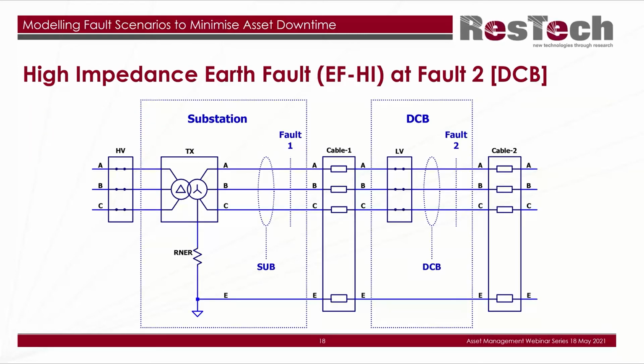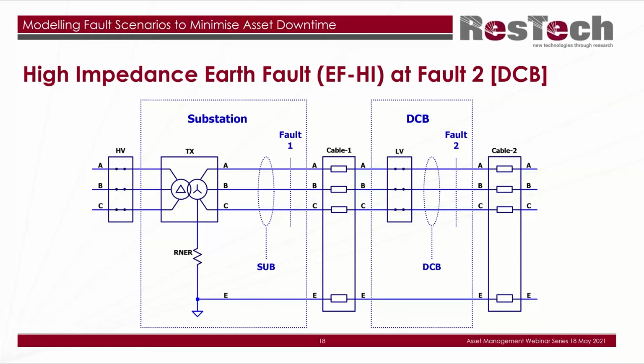So if we consider a fault, in this case a high impedance earth fault in the DCB, so in fault location 2. So in this case it's an earth fault high impedance, EF-HI, at fault location 2, and we're going to be in mode DCB. And mode DCB we've defined previously as being when the input circuit breaker is closed and the DCB contactor is closed.